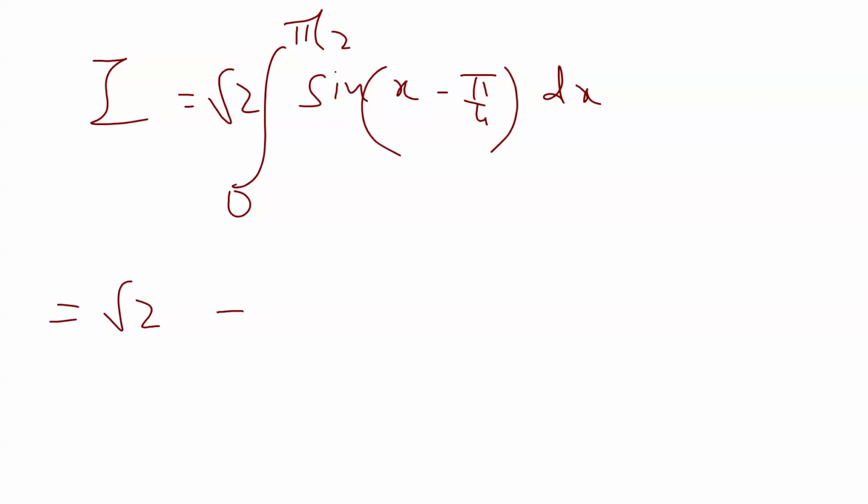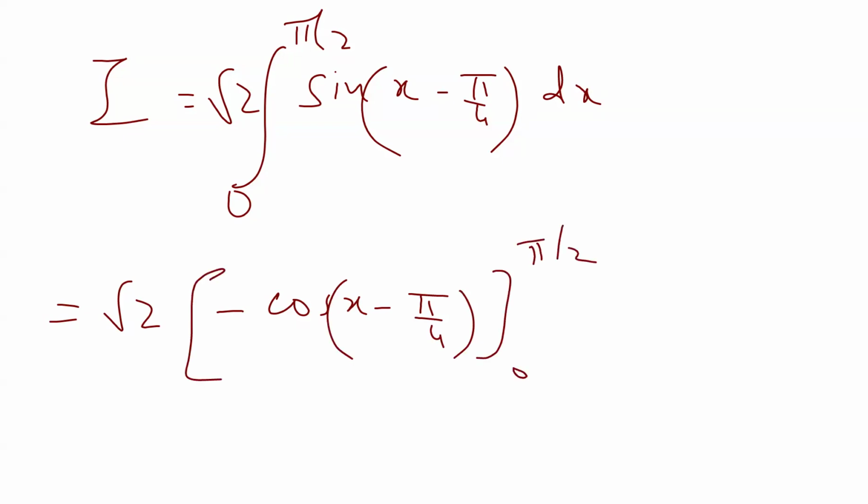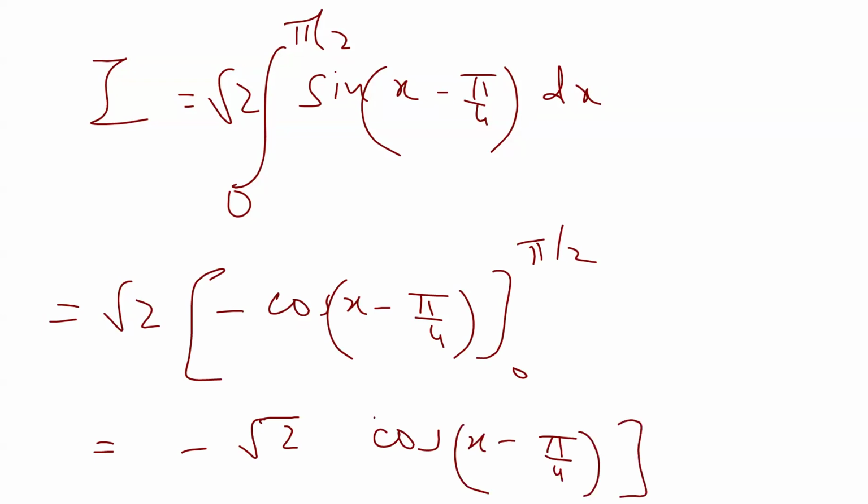Minus cos of x minus pi by 4, upon the derivative of x minus pi by 4, which is 1, from 0 to pi by 2. Now by formula it came negative. Okay, minus root 2 cos of x minus pi by 4, 0 to pi by 2. So minus root 2, box minus box.